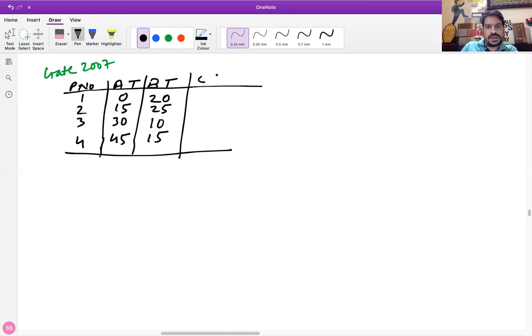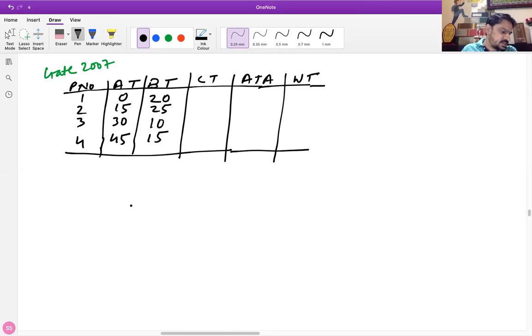We have to calculate all those things. Let's see what has been asked in the examination. It asks for the waiting time of P2 using shortest remaining time first.